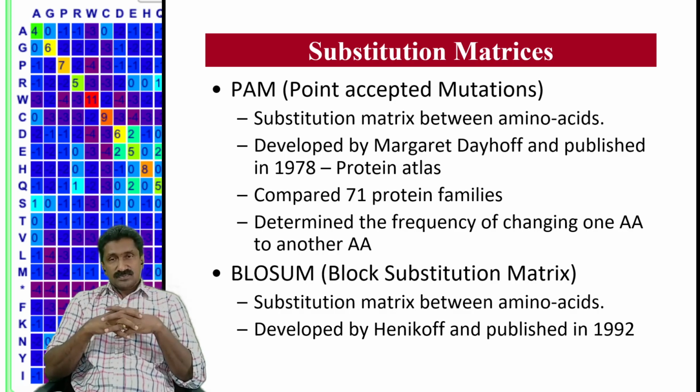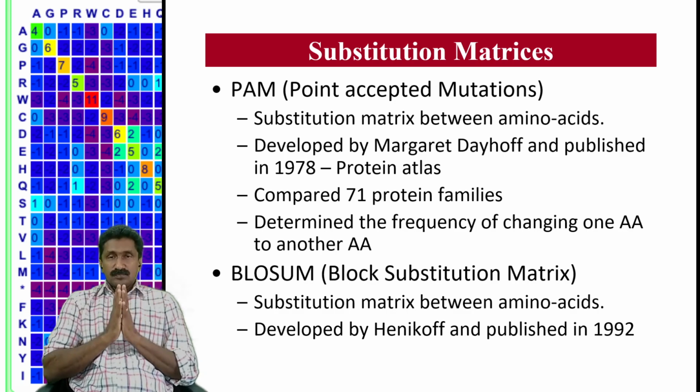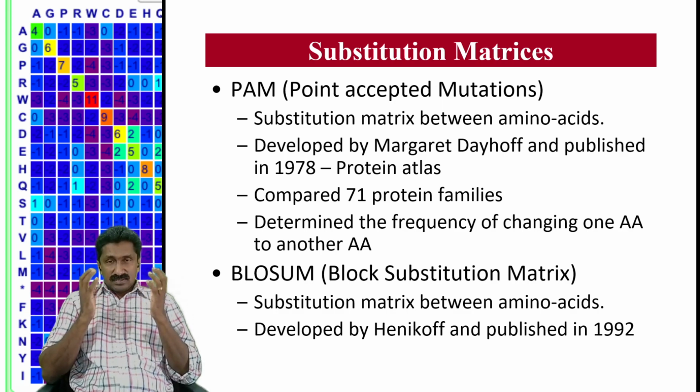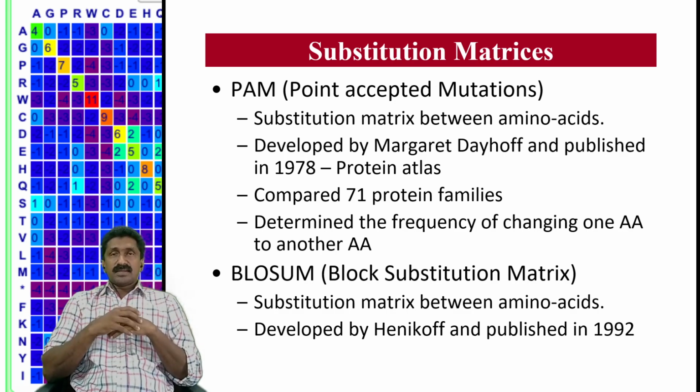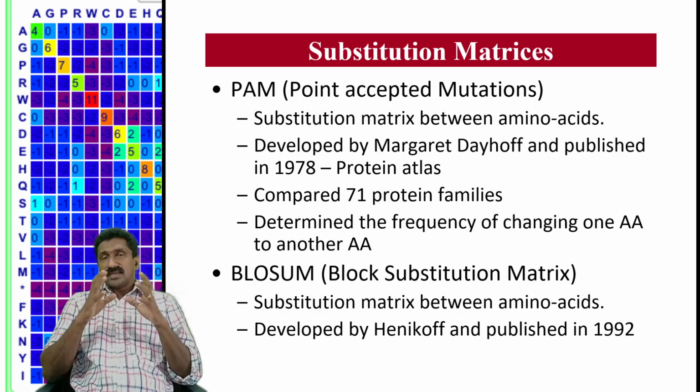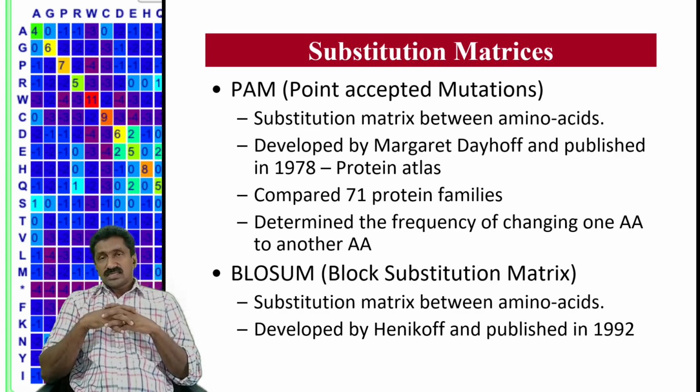So the mutation probability, or the changing frequency of one amino acid to another, was determined by comparing 71 protein families and creating the PAM matrix. So that is a point accepted mutations matrix. This is also known as a substitution matrix for amino acids.